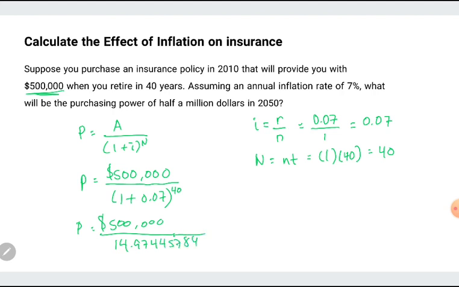Okay, so $500,000, half a million, divided by this. I am getting an approximation of 33,390.19. I have to invest.